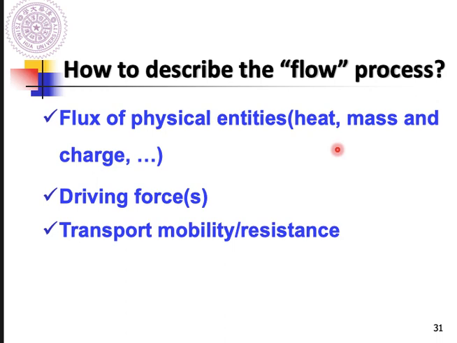In the previous class, we discussed how to quantitatively describe the flow process. Then probably you will say, oh, we can use the flux of physical entities, including the heat flux, mass or atomic flux, or electrical current, or electrical flux.